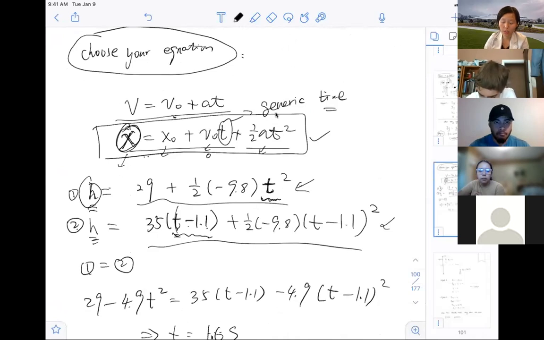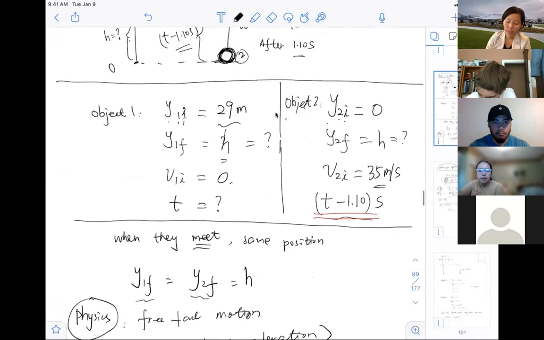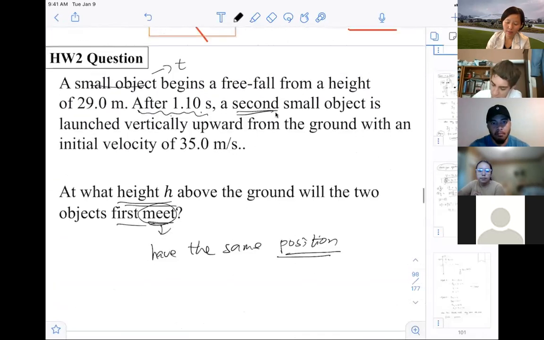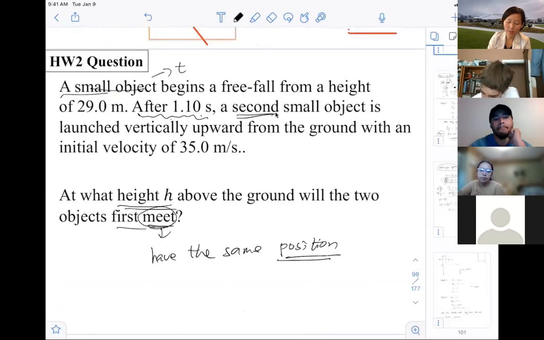How do I get t minus 1.1? Because if the time it takes from when the first object is released to when it meets the other object is t, let's say t is 3 seconds, okay?